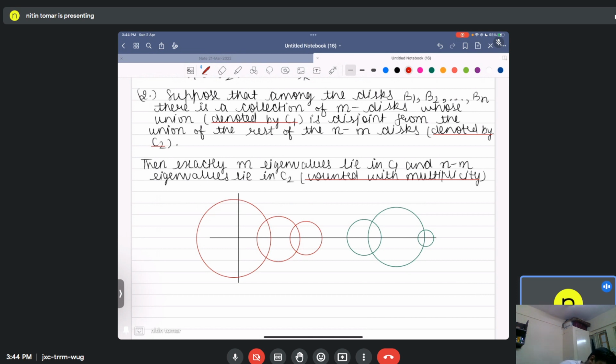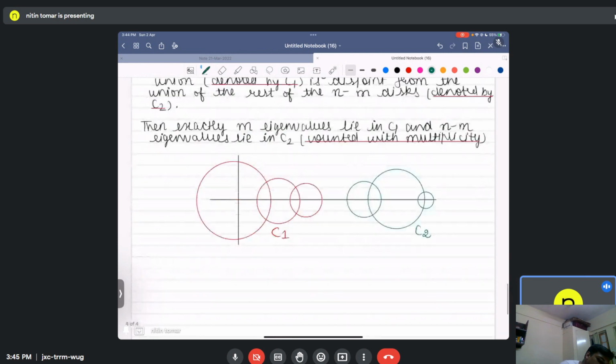This is your C1 and this is your C2. So this theorem says you will have 3 eigenvalues in this union, and 3 eigenvalues here.